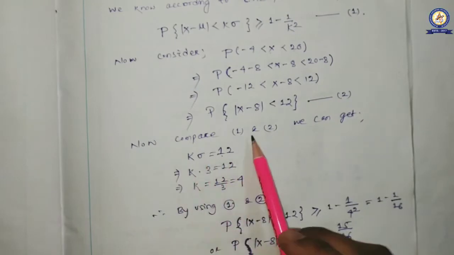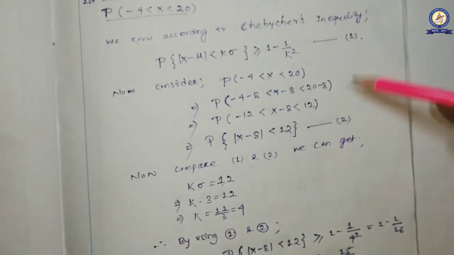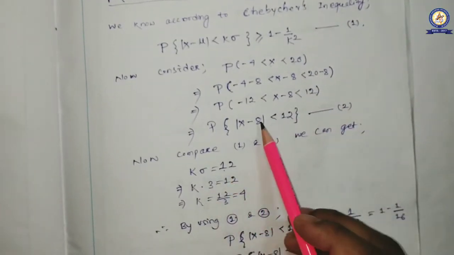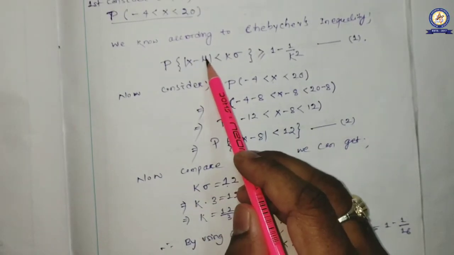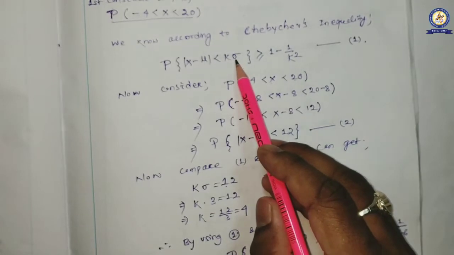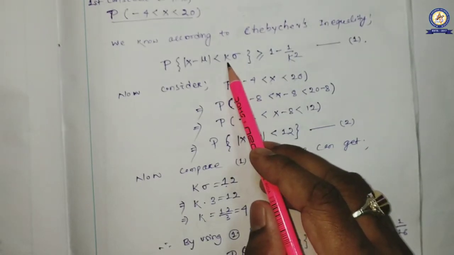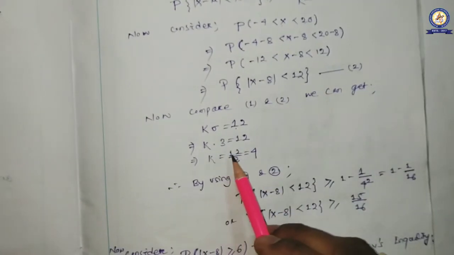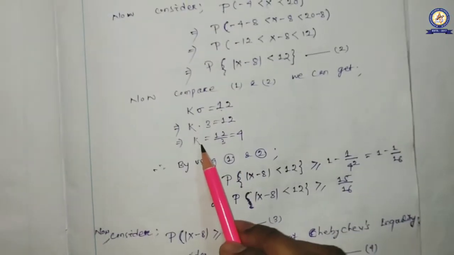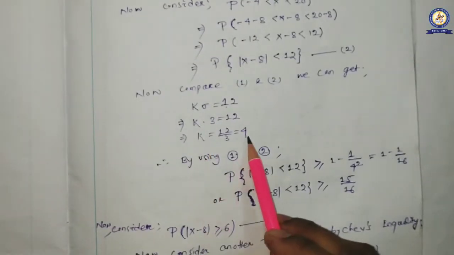Now compare equation number 1 and 2. Here this 8 is the mean, and here mu is also the mean, sigma is the standard deviation, and k is any positive real quantity. So here k sigma equal to 12. Sigma is already given in the question as 3. So that implies k will be equal to 4.